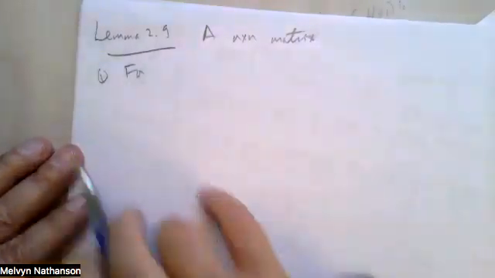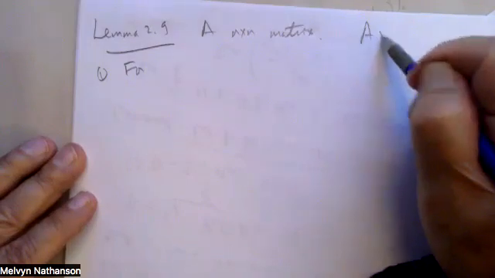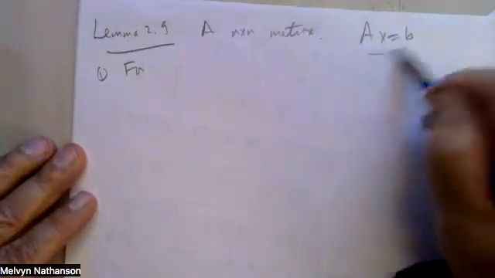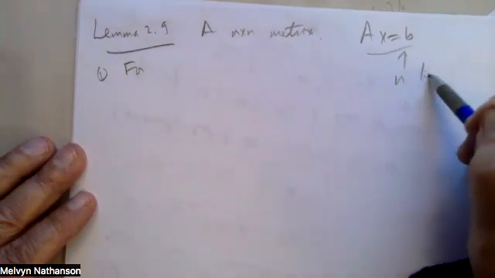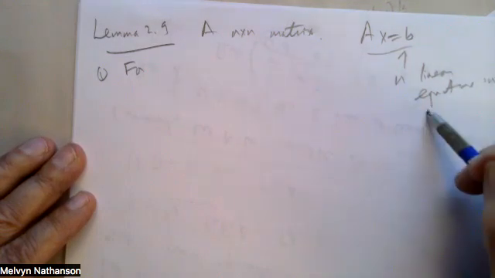Remember, we can write a system of equations in matrix form, Ax equals B. This is n linear equations in n variables.